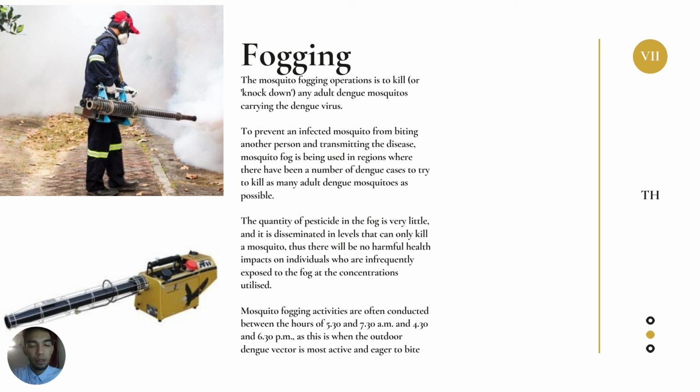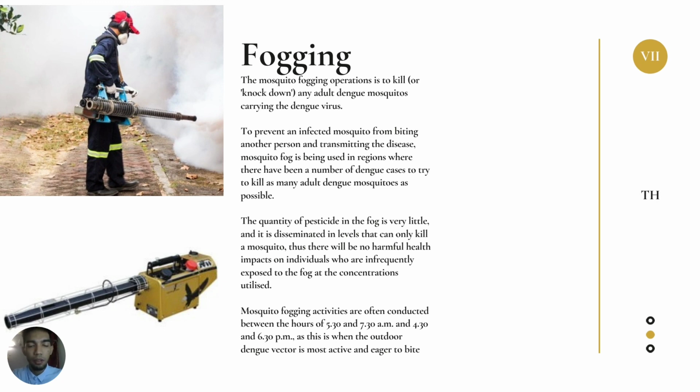The quantity of the pesticide in the fog is very little, and it is disseminated at a level that can only kill a mosquito. There will be no harmful health impact on individuals who are frequently exposed to the fog at this concentration. In addition, the pesticide used in fogging has no odor.